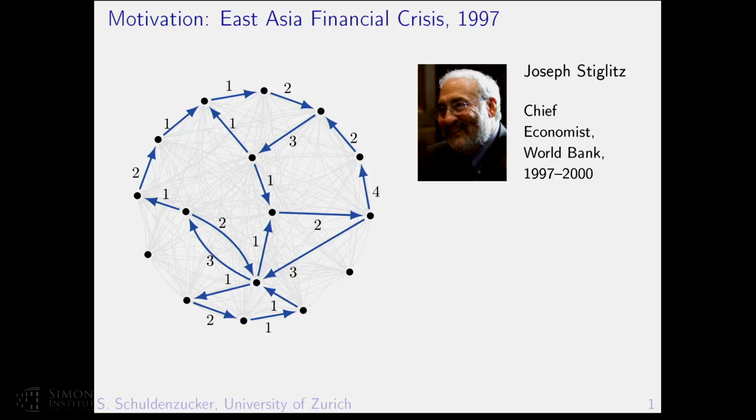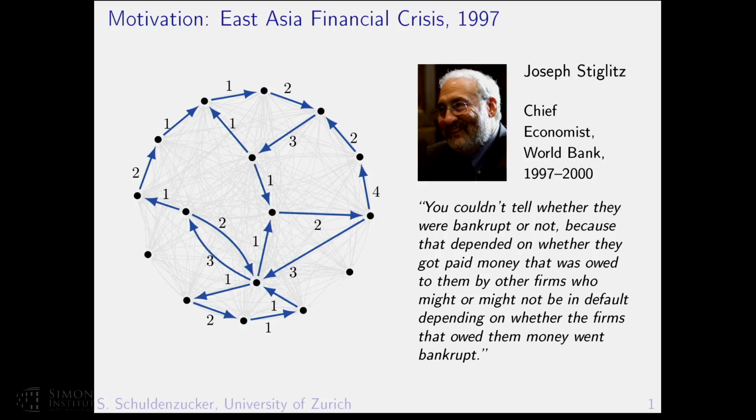As Nobel Prize-winning economist and then chief economist of the World Bank, Joseph Stiglitz, puts it, you couldn't tell whether they were bankrupt or not, because that depended on whether they got paid money that was owed to them by other firms, which might or might not be in default, depending on whether the firms that owed them money went bankrupt or not. So the World Bank had the same problem I just described, and that caused a lot of trouble for them, at least Stiglitz says.